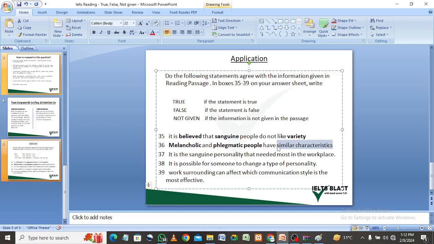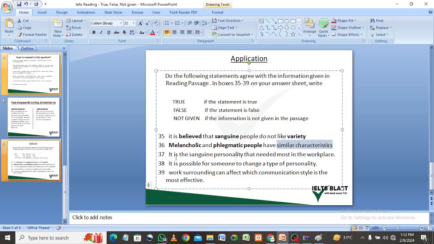True. So can you see the way you identify the target keyword and the scanning keyword? So for this question 36, the target keyword is what? Similar characteristics.